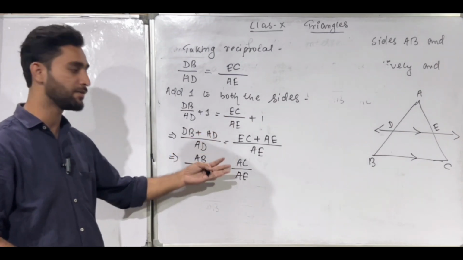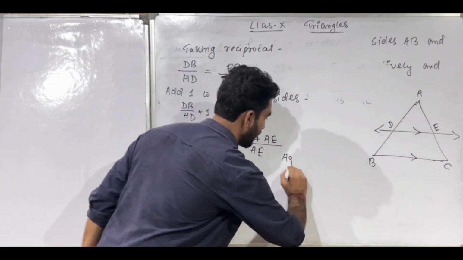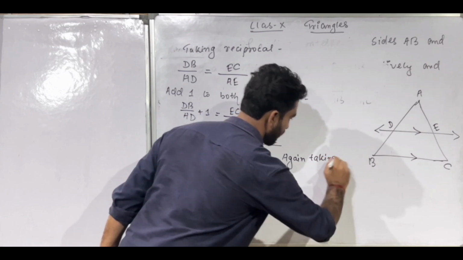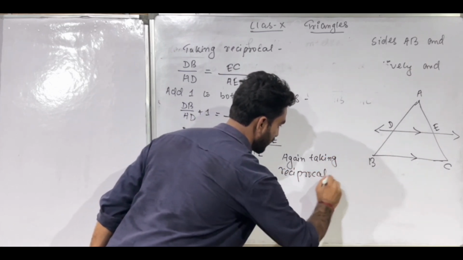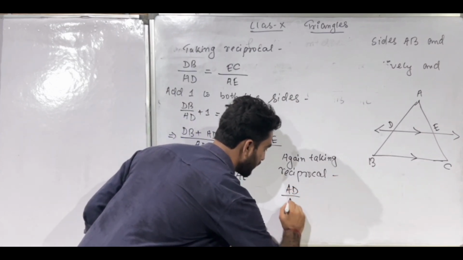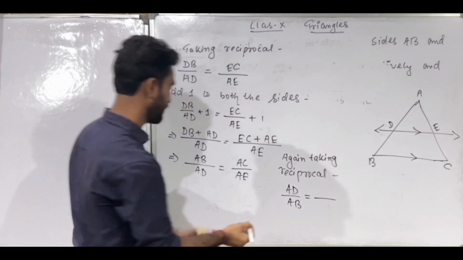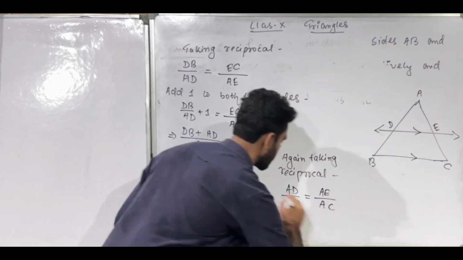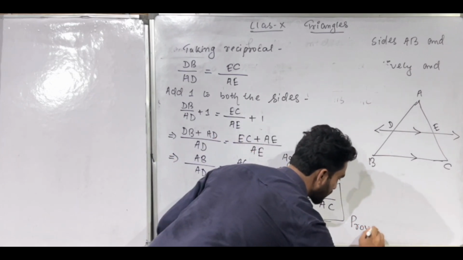Now again take the reciprocal, then we will reach our answer. So if you take the reciprocal, what will you get? AD divided by AB is equal to AE divided by AC. So in this way we can prove this question.